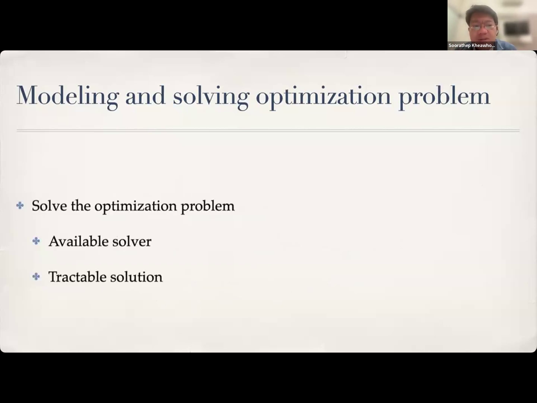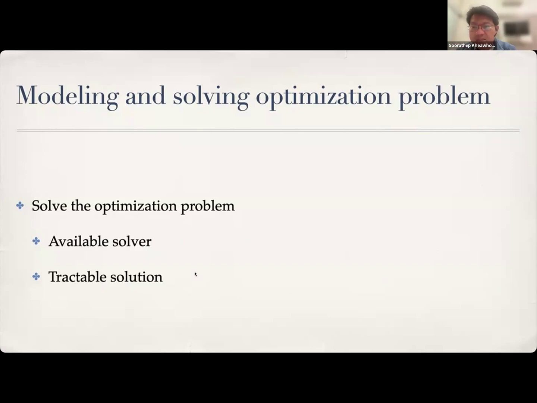And the next one is modeling and solving the optimization problem. Once you obtain the optimization problem, of course, it represents the real world problem, and it must be in an efficient form, in a form that you can solve. You have a solver to solve it. So you have to consider availability of your solver, of your algorithm.